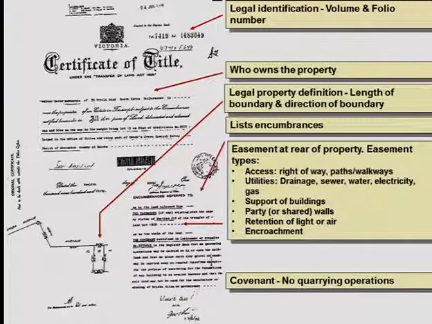There are also things called covenants. Now my house has a covenant on it, and it tells me that I'm not allowed to do any mining works on my property, which is a suburban block of land, which ain't very big, but I'm not allowed to mine on it. What's below the ground? Could be gold.